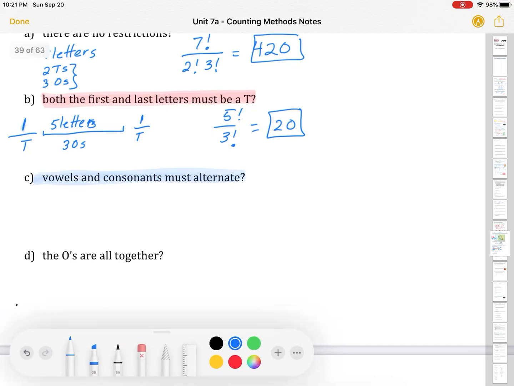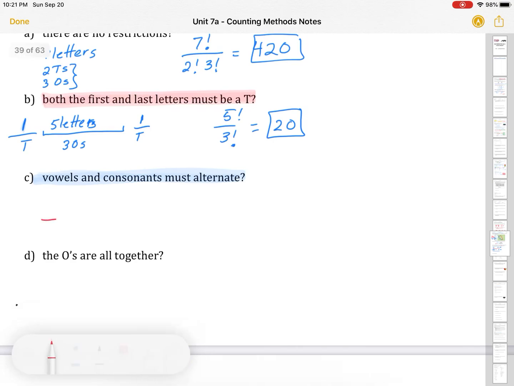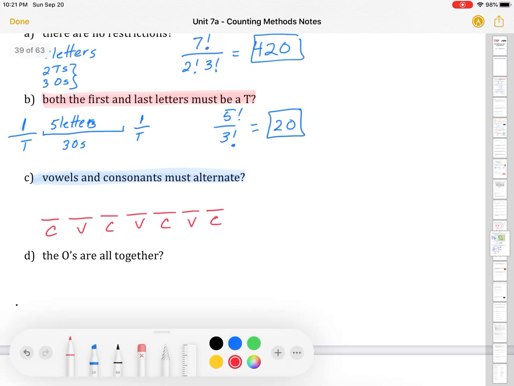The third one here says vowels and consonants must alternate. So we're going to map that out because that's something different. 7 letters, 1, 2, 3, 4, 5, 6, 7. I have 3 vowels and 4 consonants. So I've got to start with my consonant, then vowel, consonant, vowel, consonant, vowel, consonant.